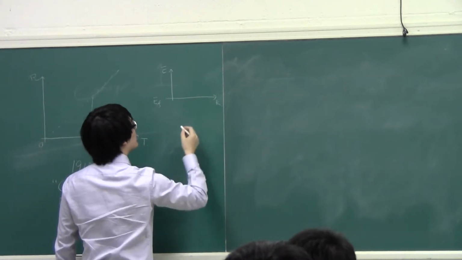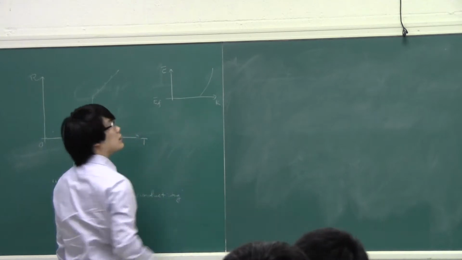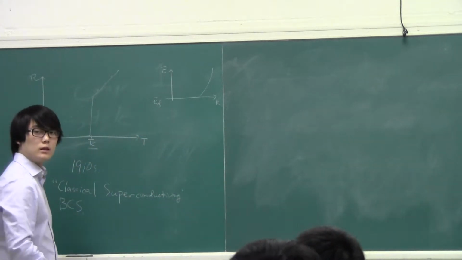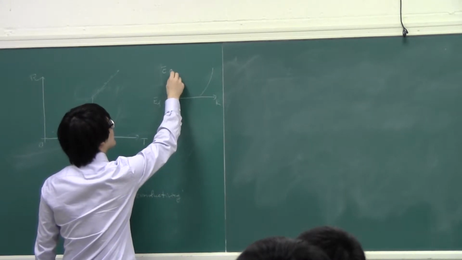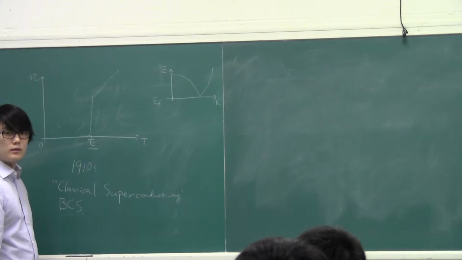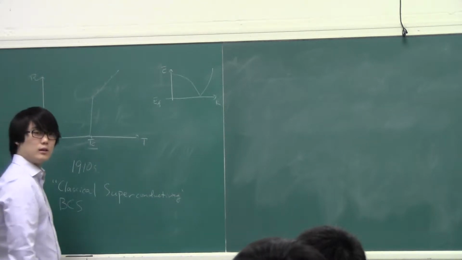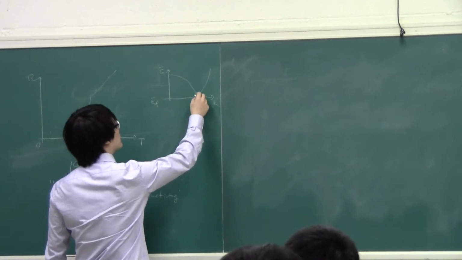So close to the Fermi energy, the energy diagram is going to look like this for the electrons. And then when I flip this, it'll look like this for the holes, right? Okay.